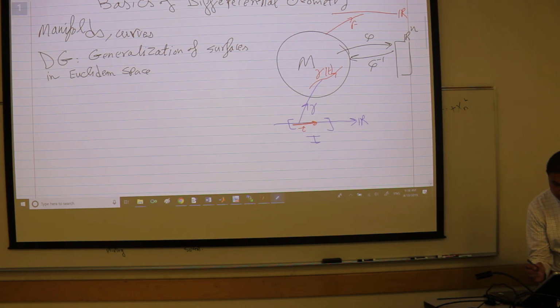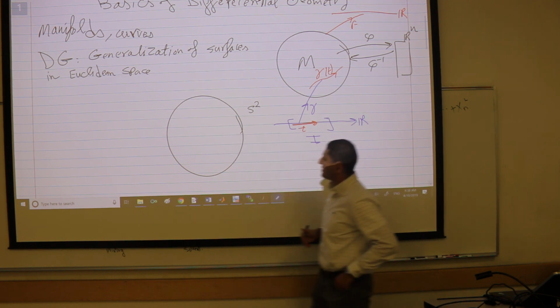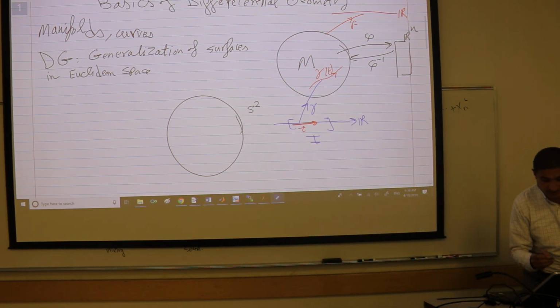So if I have a surface like S2, for example, yes, I can flatten it out, each patch. What else? In fact, we have the tangent plane, right? An intrinsic property to each smooth surface in Euclidean space.